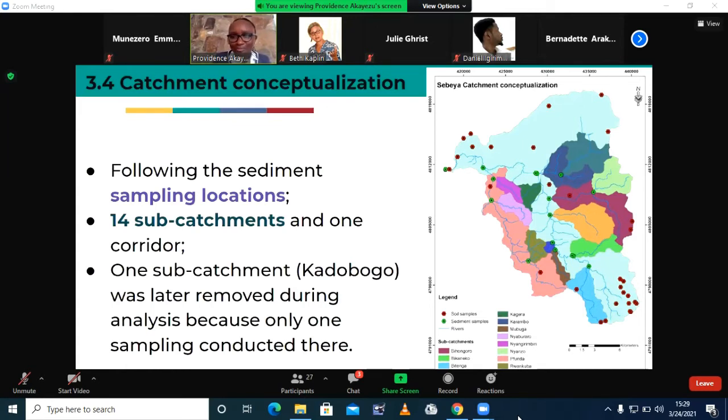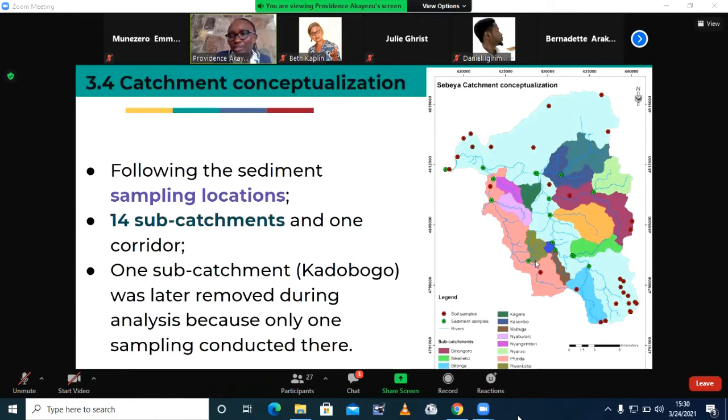From all of this, we could delineate the catchment into sub-catchments. Ideally, any sub-catchment corresponds to either a secondary river or a third river after the main river. For example, Funda, which is this color.